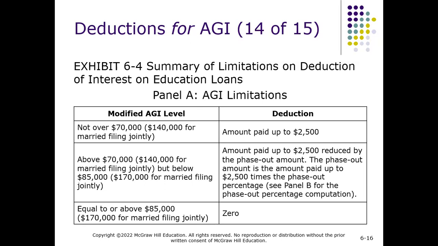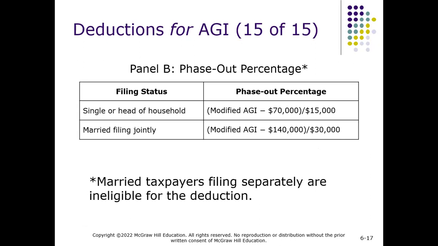Once your AGI is over 85,000, you don't get to deduct any of your student loan interest. And that's how you determine how much you can deduct of your student loan interest. So you take your AGI minus 70,000 and divide it by 15,000. That percentage of the amount is not allowed to be deducted.